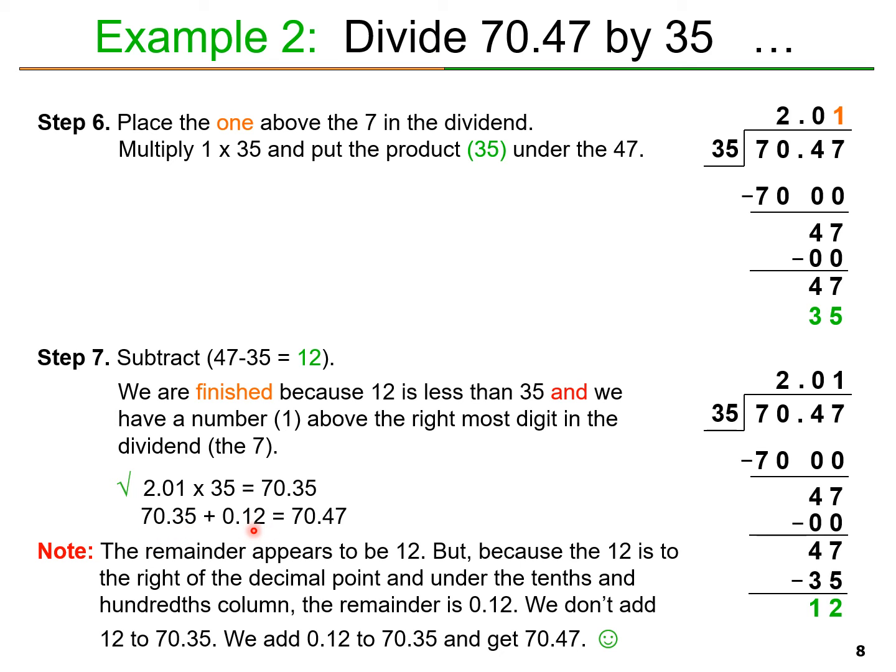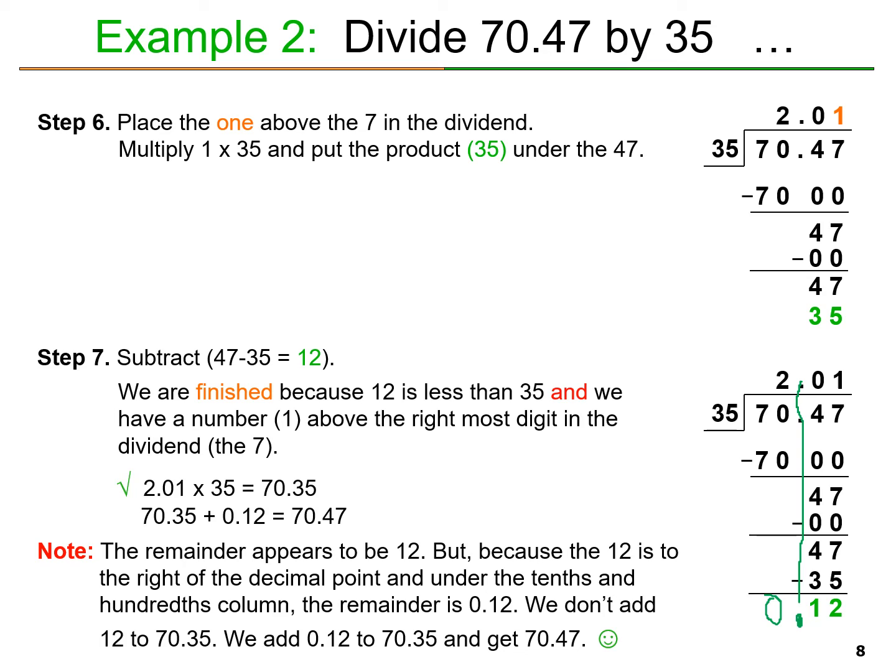We add 0.12 to get 70.47. Again, over here, we can just bring the decimal point all the way down and put it right here. And we see that the remainder is 0.12.